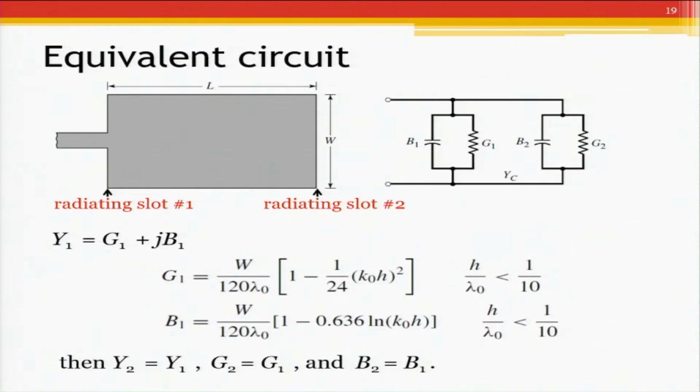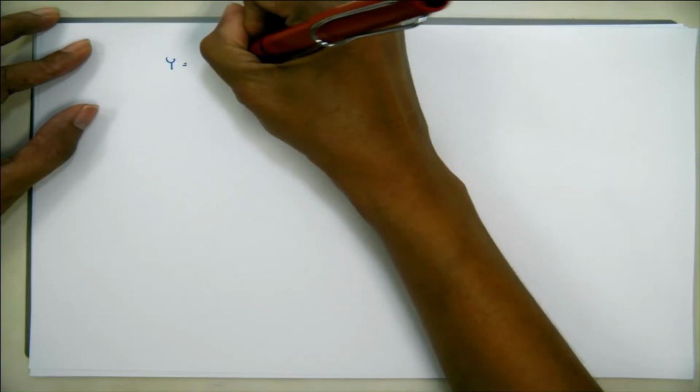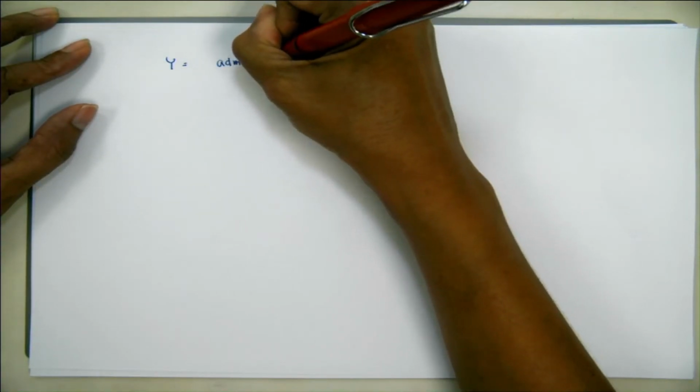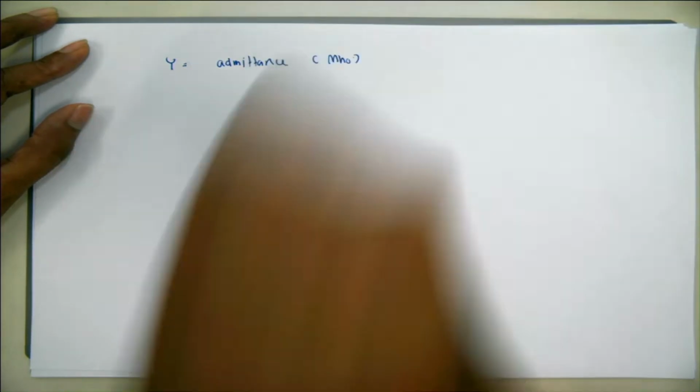Then we can draw the equivalent circuit, and it contains this conductance G and susceptance B1. Let me write down the names of B, G and Y. Y is called admittance, the unit is mho, which is the opposite to ohms.